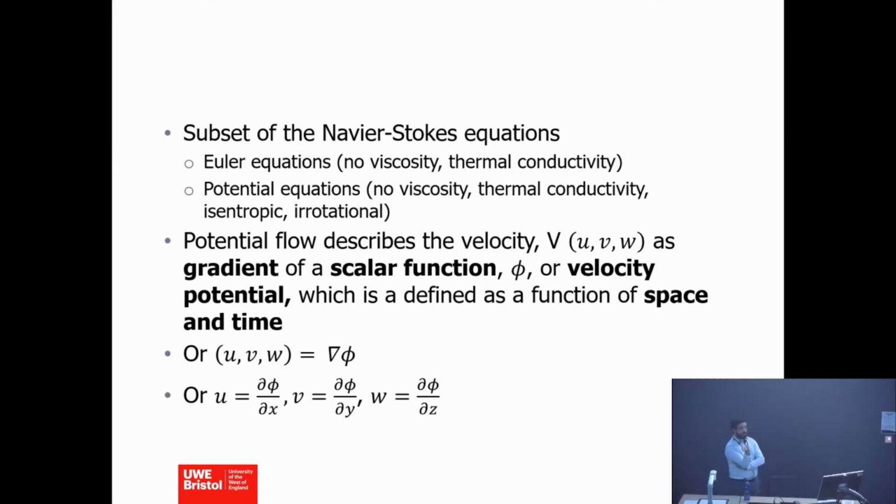It's something that could be related to the velocity field V. If you start with this velocity field V, which has components U, V, W in 3D, what we say in potential flow theory is that we can link that velocity field to a function called the velocity potential, which is actually a scalar function. It's not a vector quantity, it's a scalar function. And we can relate the two. The first thing is that this scalar function, called the velocity potential, is both a function of space and time.